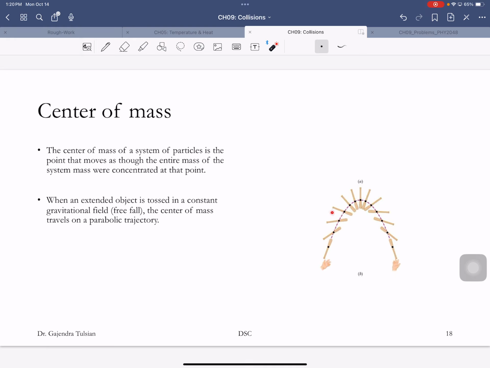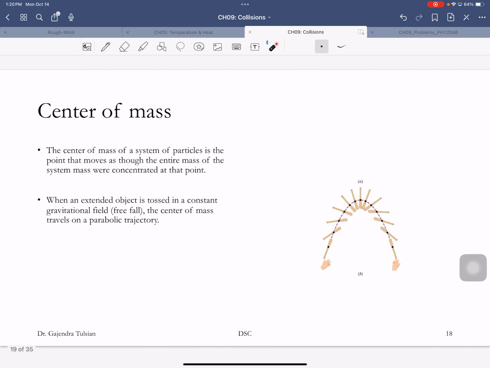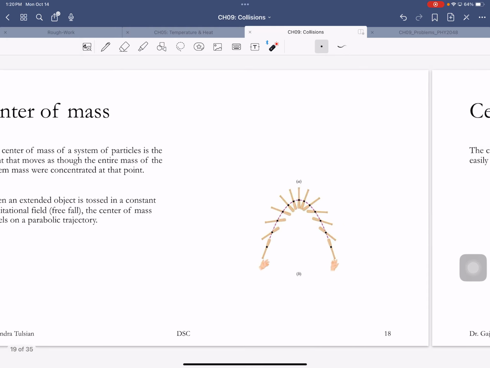Every other point is a non-parabolic trajectory. So the center of mass, you can think of, if you turn that object into a point object, it would be at the center of mass. If you wanted to squeeze that object into a point object, that's where you would squeeze it. So for an extended object, the center of mass travels on a parabolic trajectory.